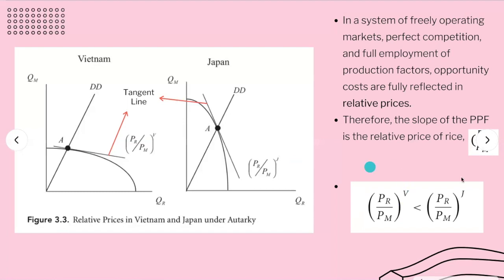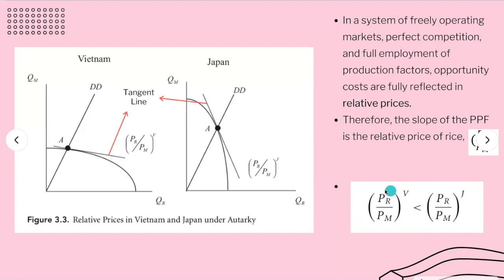Basically, this says that Vietnam, the country that has the supply advantage in producing rice, has a relatively lower price of rice than Japan.